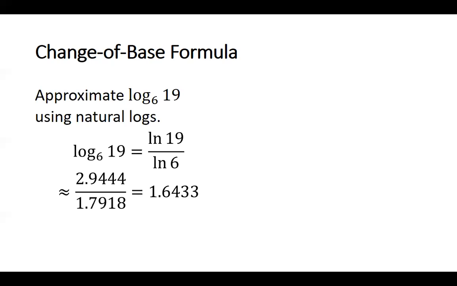If I plug the natural log of 19 into my calculator, I get about 2.9444. If I plug in the natural log of 6, I get approximately 1.7918, and when I divide that, I get 1.6433. So log base 6 of 19 is approximately 1.6433.